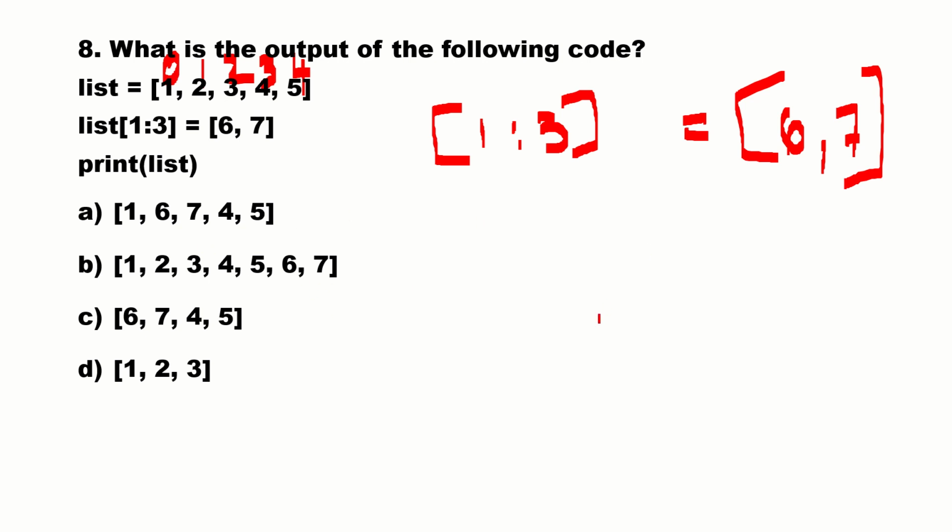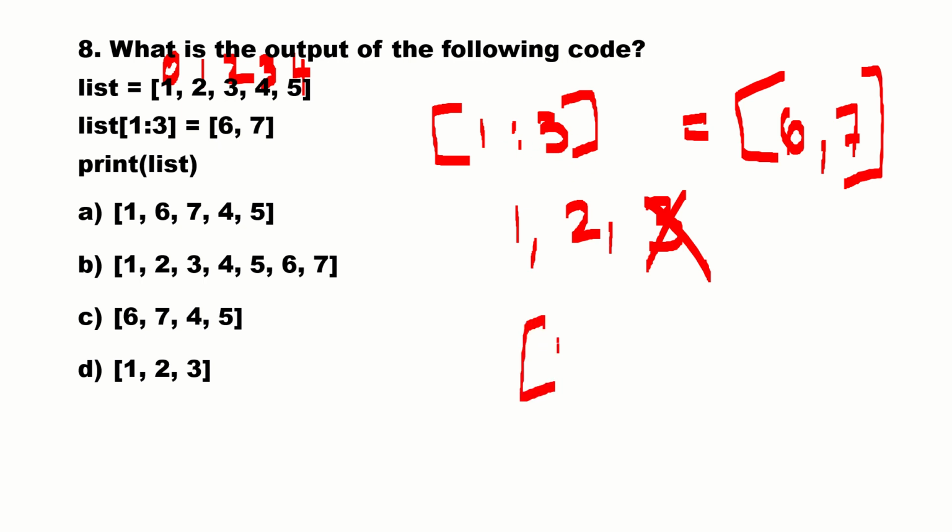The index starts from 1, but see, indexes 1 and 2 will be included and 3 will not be included. In slicing, whichever index is mentioned as the last, that will not be included.